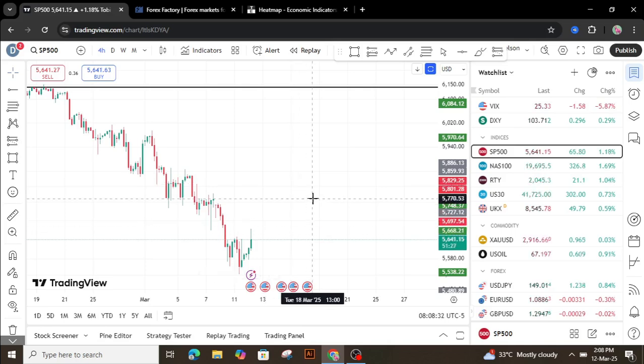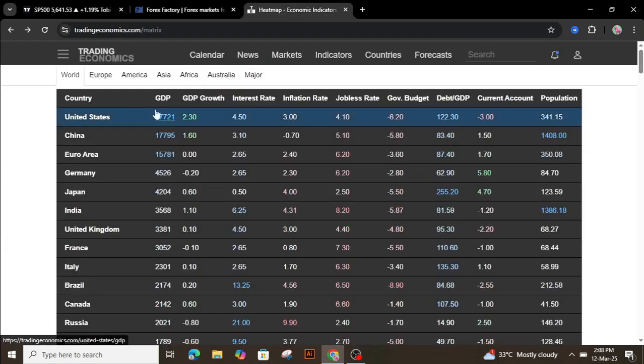For me to see the economic data, I use this particular website called Trading Economics. I believe most of you are familiar with it. If you look at Trading Economics and use their heat map, or should I say, on my chart now there's nothing like a heat map, it's just a table. In this column you will see different countries: United States, China, Euro area, Germany, Japan, India, United Kingdom, France, Canada, Russia, and all that.